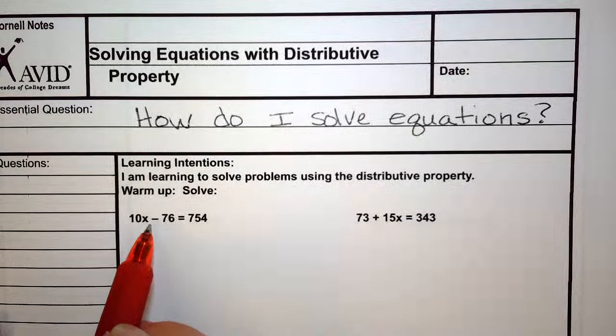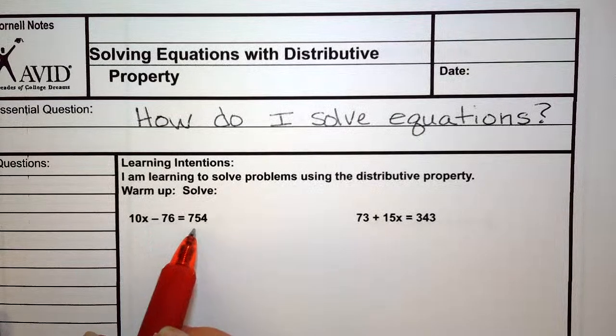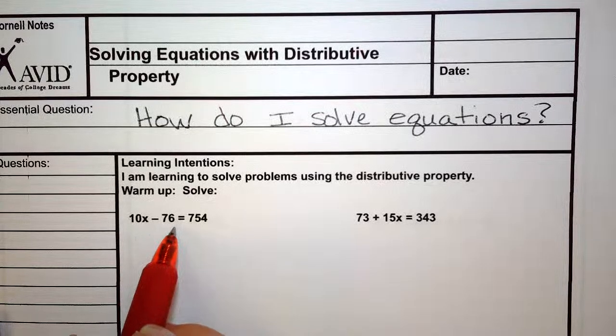10 times x minus 76 is equal to 754. The last thing I did was to subtract 76.